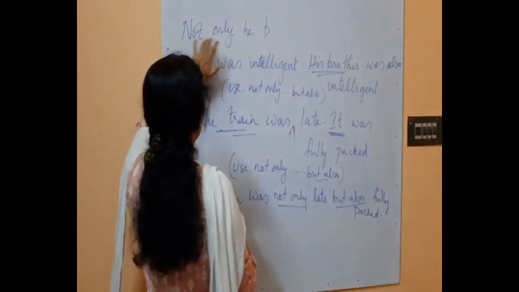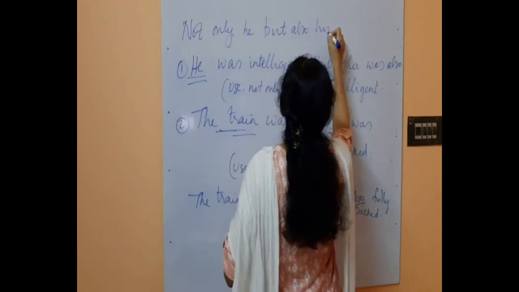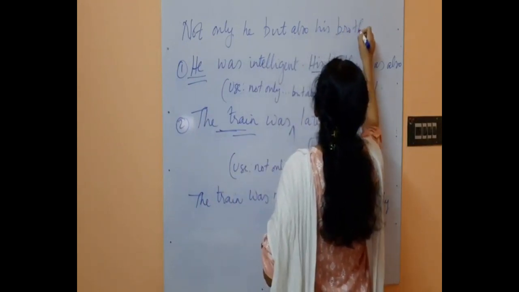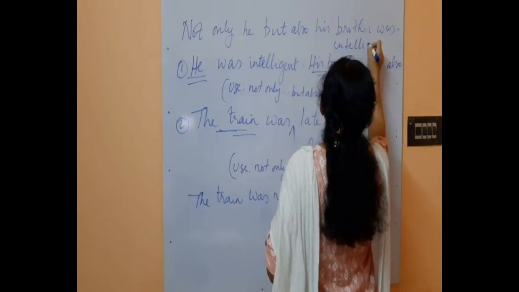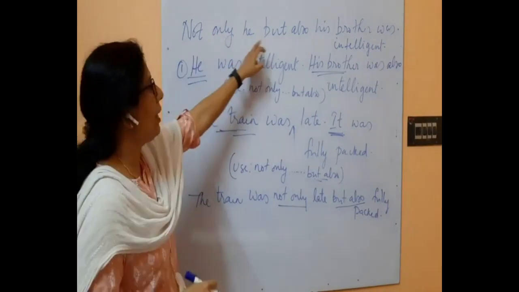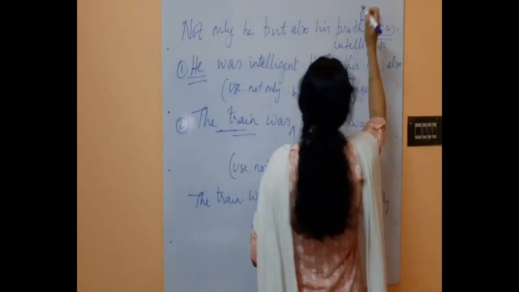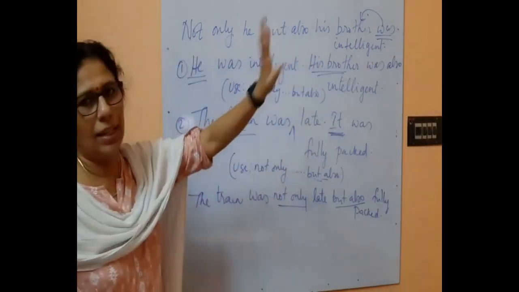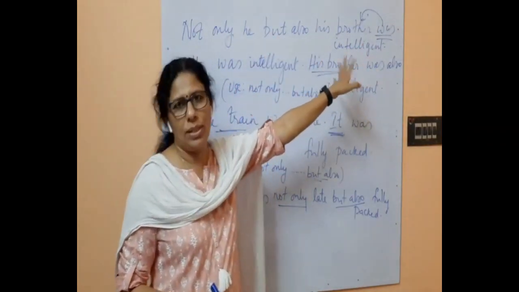So you have to begin with not only he but also his brother was intelligent. Okay, not only he but also his brother, not verb, was, his brother. The verb agrees with that subject. So not only he but also his brother was intelligent.